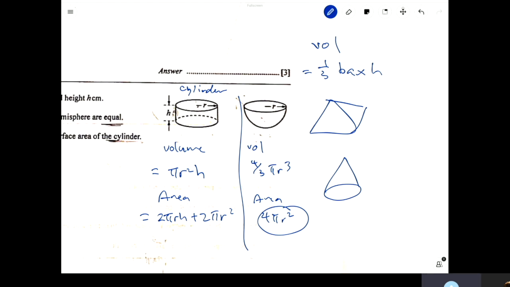Both are the same, except for cone you've got something else for area: area equals pi r l plus pi r squared. That's the area for cone. Volume is the same, 1/3 base area times height.